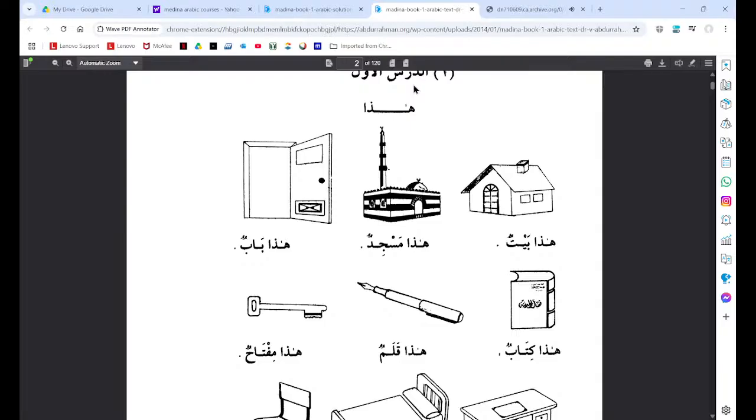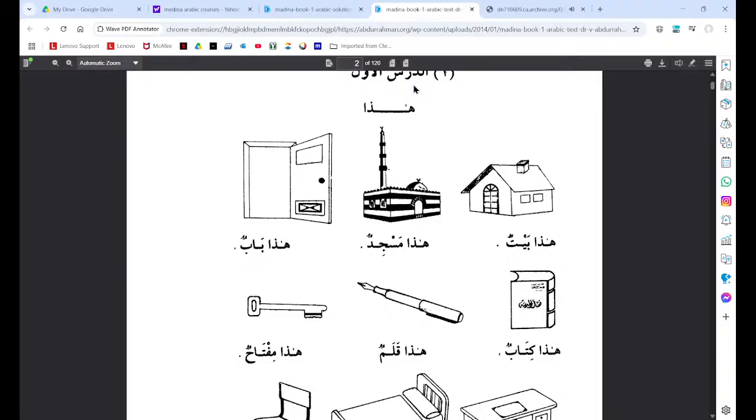Ismul ishara is the noun of pointing. It's mufrad, meaning that it is singular. It's mudhakkir, meaning it's masculine, and it is qarib, which means it's close.